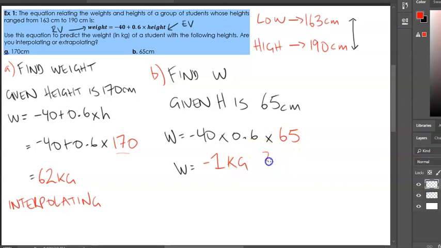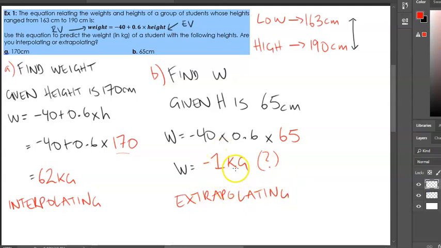That doesn't make sense. How is that so? Well, you can now see the downfall of this equation that has been provided. Because 65 is lower than the lowest height that has been provided to us from this set of data, we are extrapolating. This is considered as extrapolating, and here you can see that this information is unreliable.